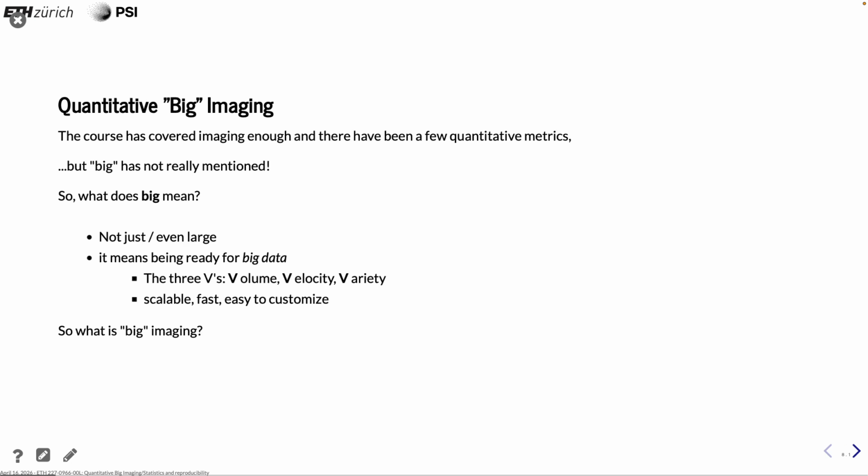And the thing is, this class is about quantitative big imaging, but until now, we have only talked about the image processing, not really about the big. So what does really big mean? A definition in big data is that to be handling it, you will have to be ready for big data, so you have to be able to handle large volumes of data.